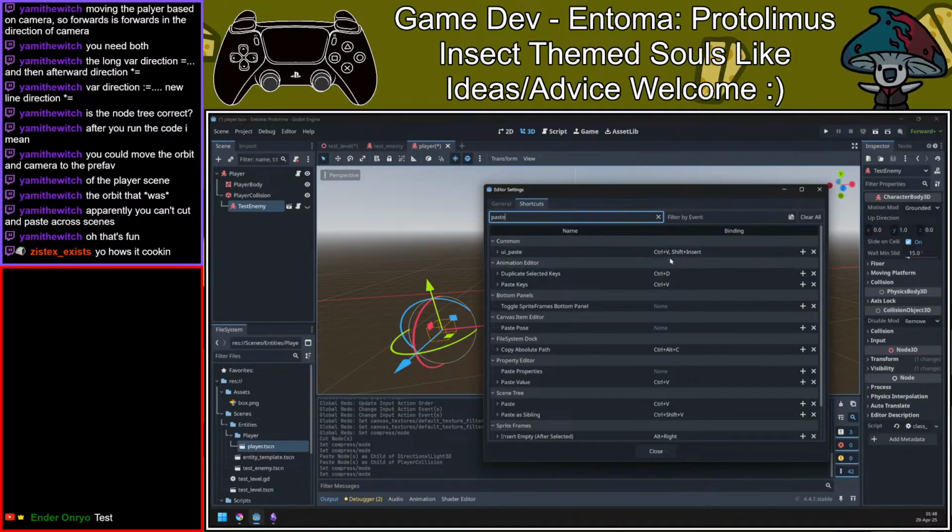UI paste, that should be Control V. Good, a bug exists. We're finding bugs.